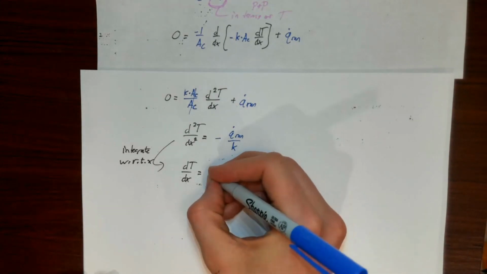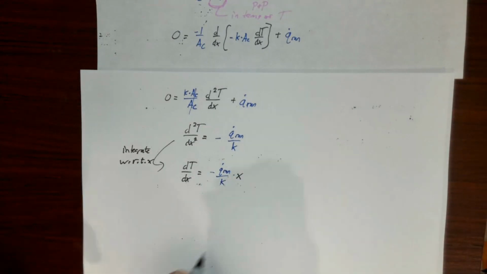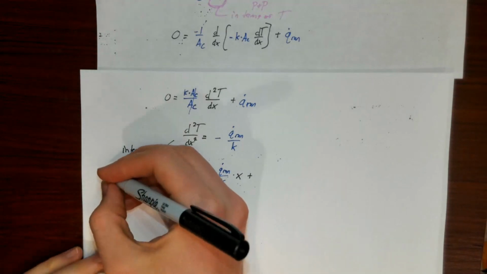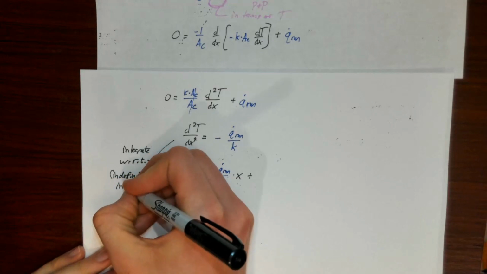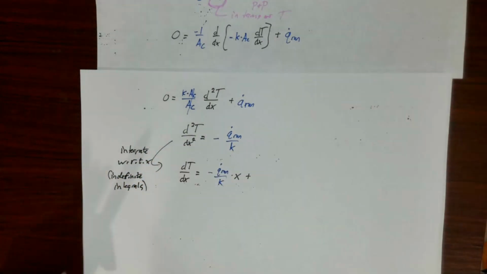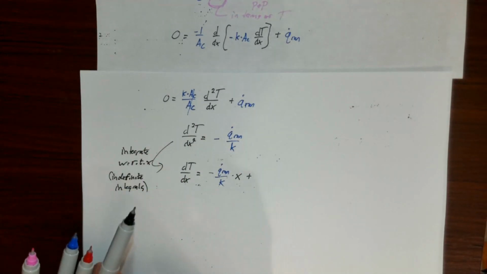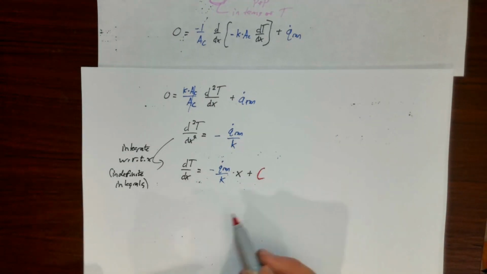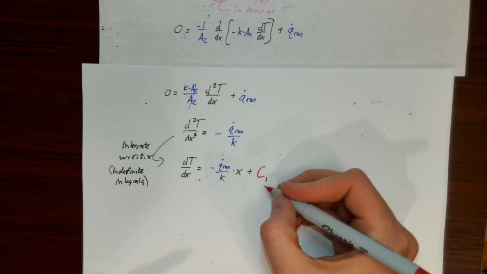So I'm left with minus Q dot of my reaction over k times x plus, and when I integrate indefinite integrals of ordinary derivatives, I get a plus c. And spoiler alert, we're going to integrate this again and get another c when we do that. So to distinguish this c from the upcoming c, I'm going to call this one c1.